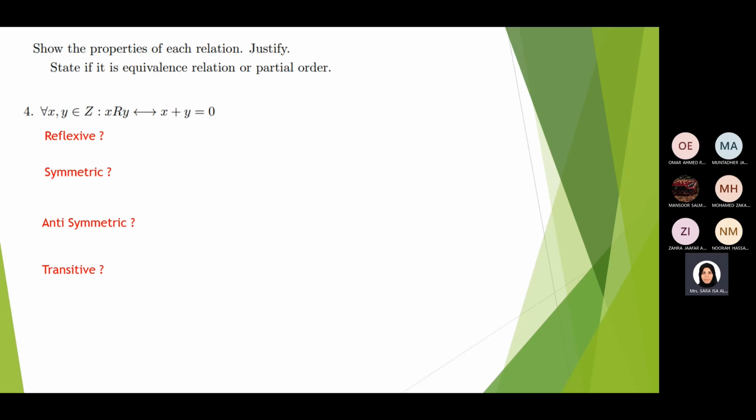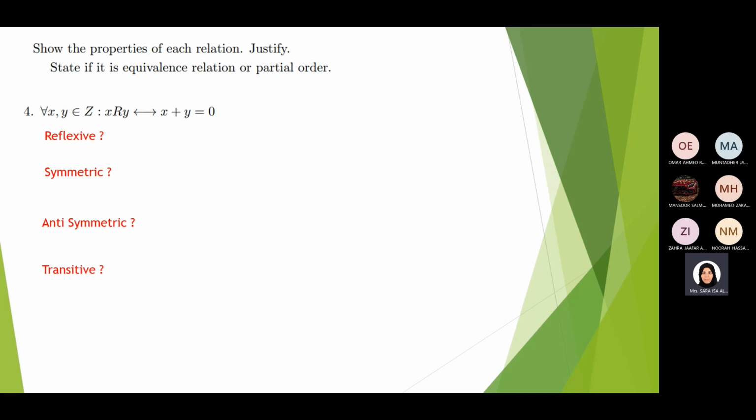Now, what do you think? You now have enough experience to give a judgment from the general view. If I say that x related to y by R means x plus y equals 0, do you think this is a reflexive relation?